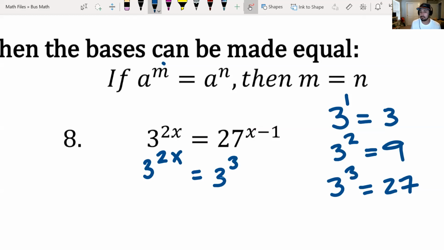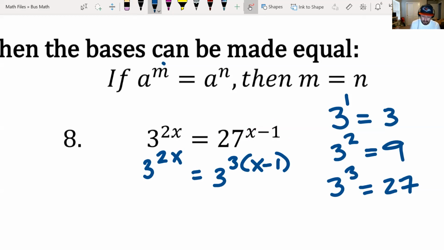That's 27. But now this exponent of 3 is going to multiply the exponent that was there already. So we're going to get 3 times x minus 1. There you go.